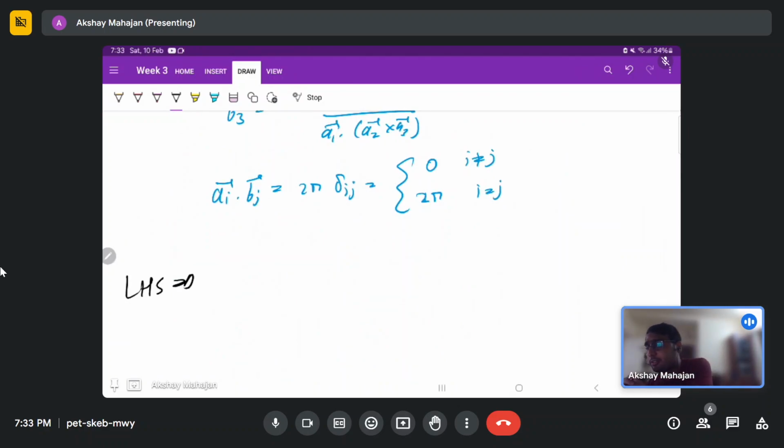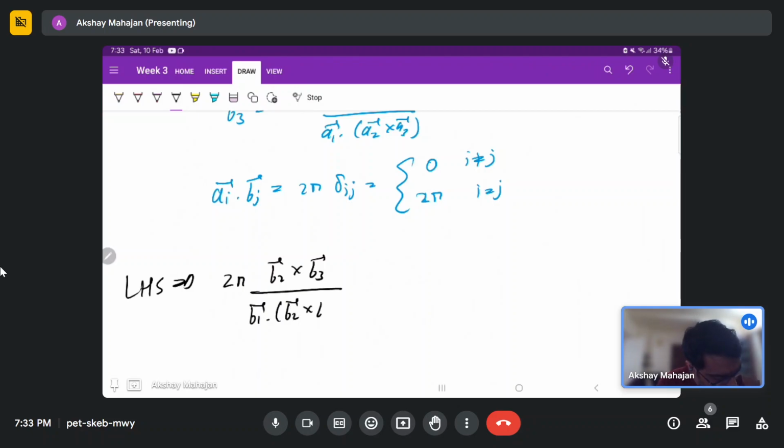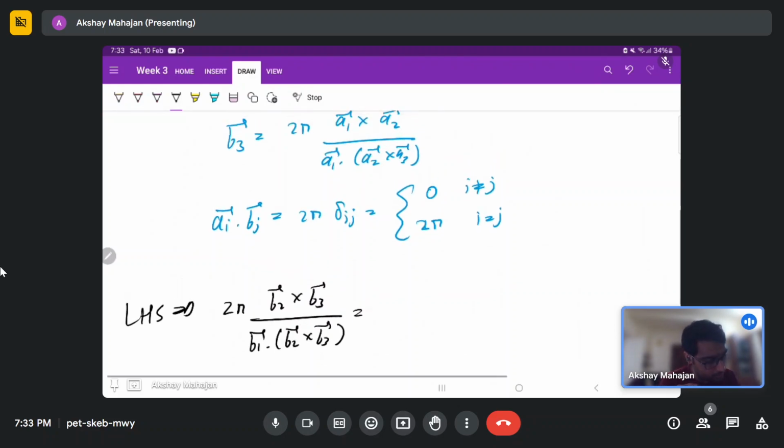So I will start from the LHS again. The LHS is given as 2 pi times b2 vector cross b3 vector divided by b1 vector dot b2 vector cross b3 vector. Now I will write b3 basically in terms of these a_i's.